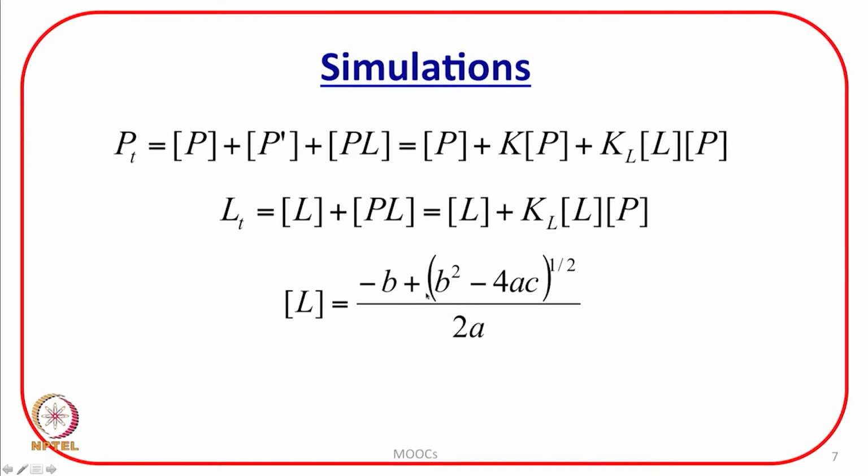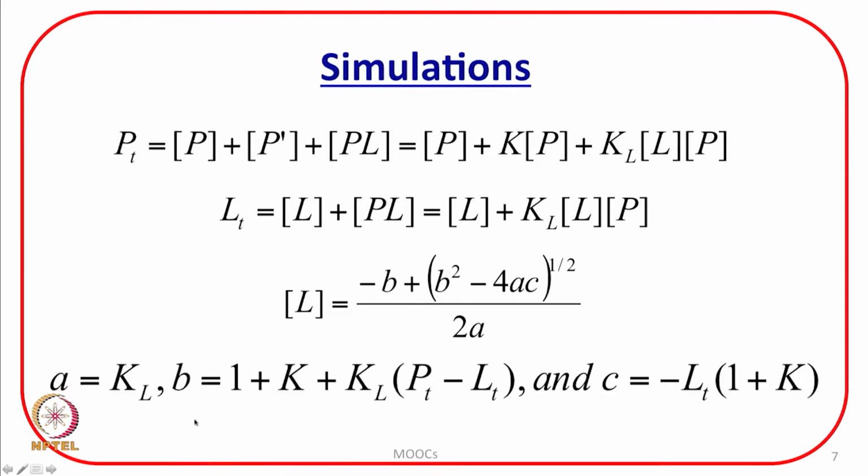Minus will give an imaginary number which is not acceptable, that is why plus is retained, and where A is KL, B is equal to 1 plus K plus KL into PT minus LT, and C is equal to minus LT plus K into 1 plus K. So, this maths has to be done.